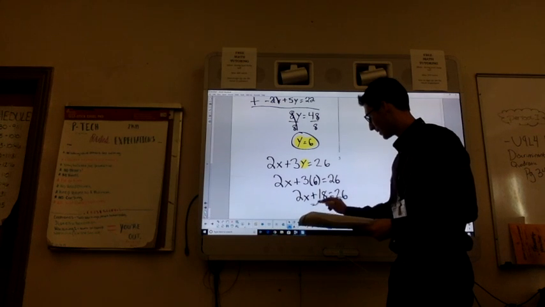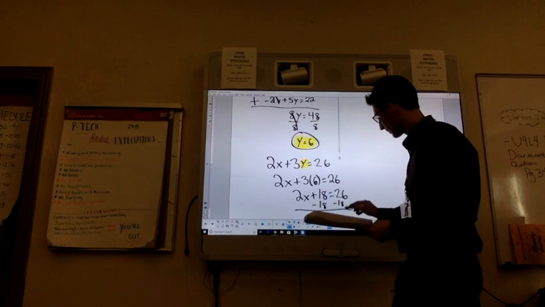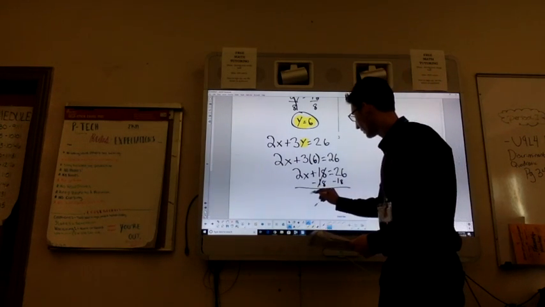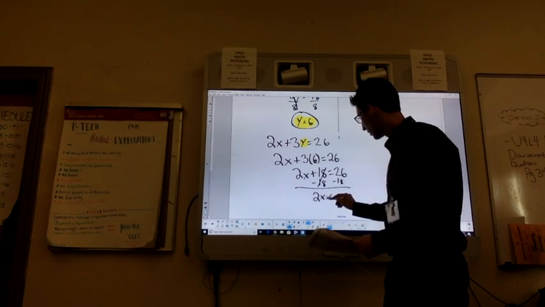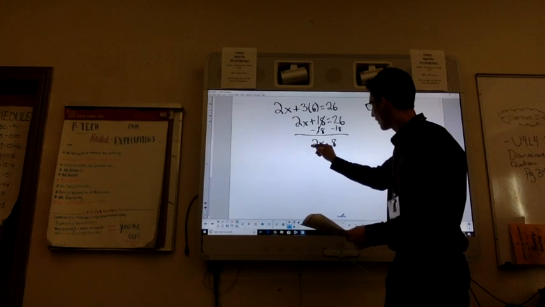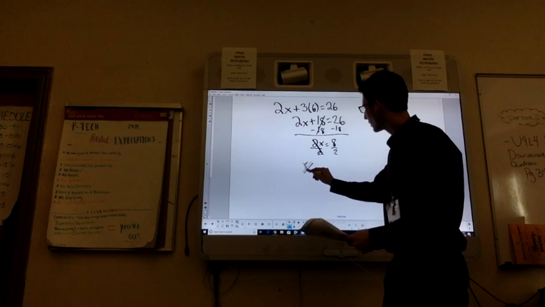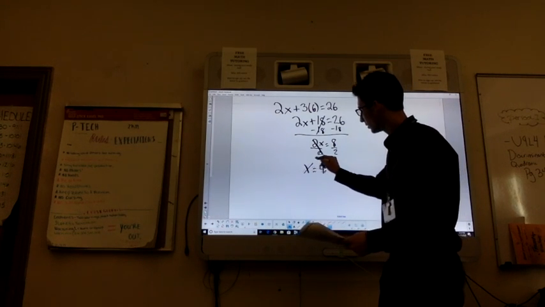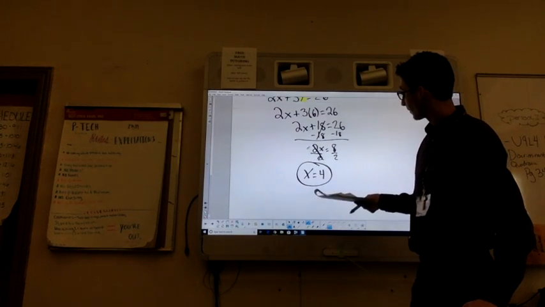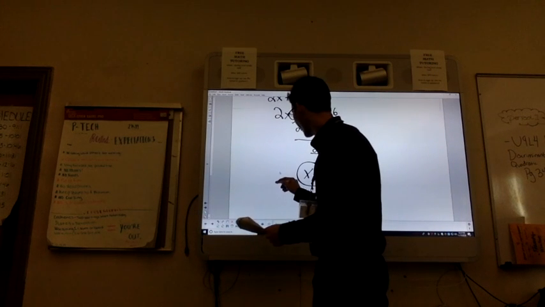I'm going to subtract 18 on both sides, so it cancels out, and I'm left with 2x on the left side equals 8. Divided by 2, x equals 4. And that's awesome. I got my x and I got my y, so the solution is 4, 6.